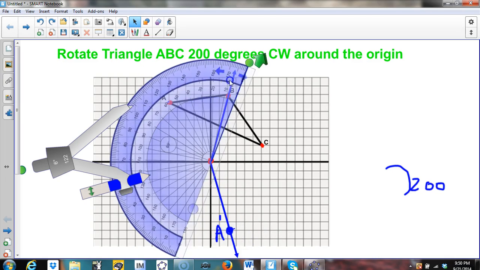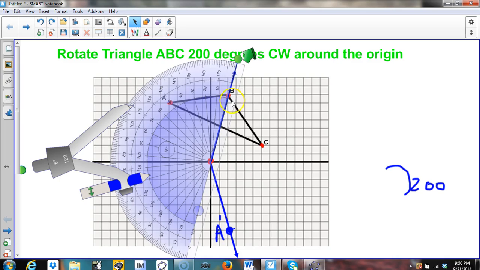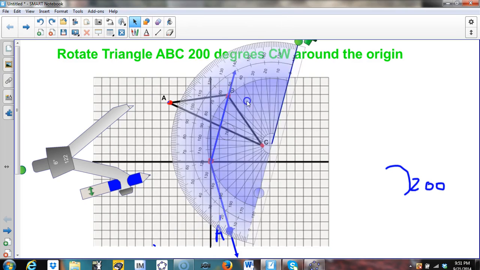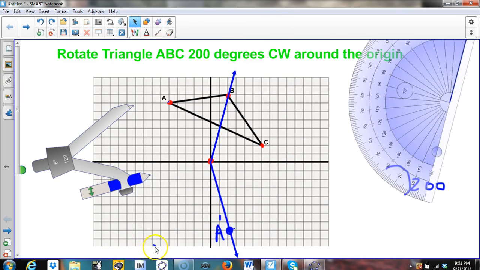I'm going to set the ray going from the center through B on the 0 line of my protractor. Now I count 0 from this ray, 10, 20, 30, and go to 160. Here's 160 on my protractor, so I'm going to mark that spot. Notice I got that little mark there, and that's denoting that 160 degree rotation.